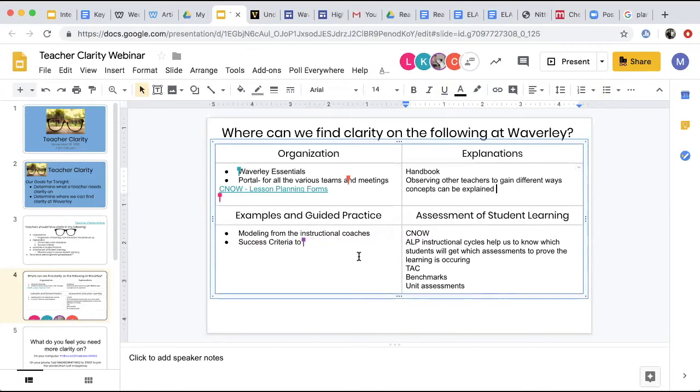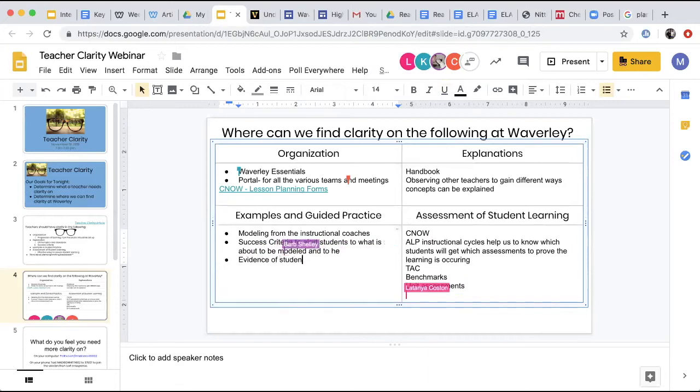I'm trying to think where evidence of student learning would go. Yeah, exit ticket.